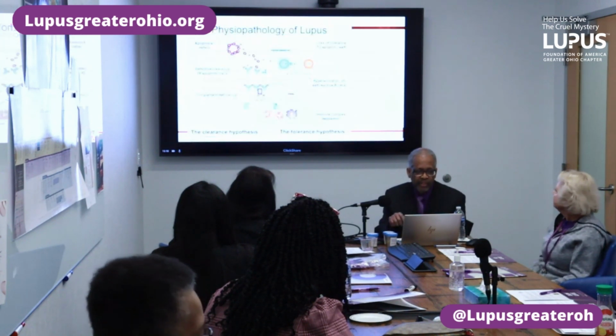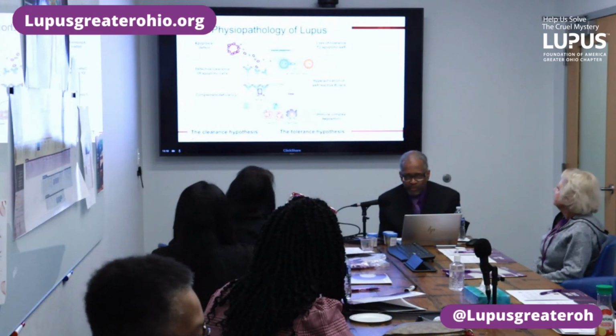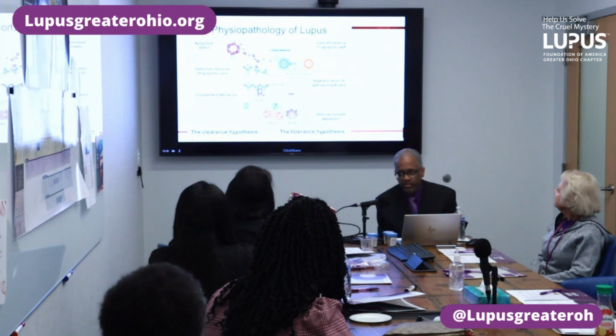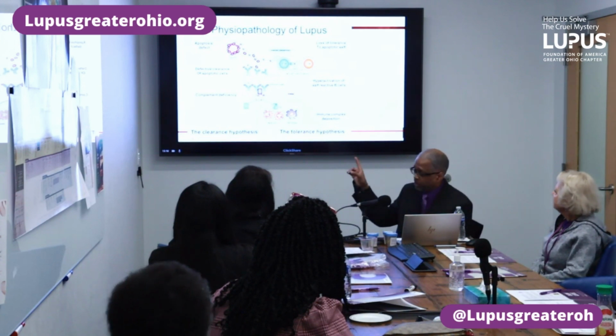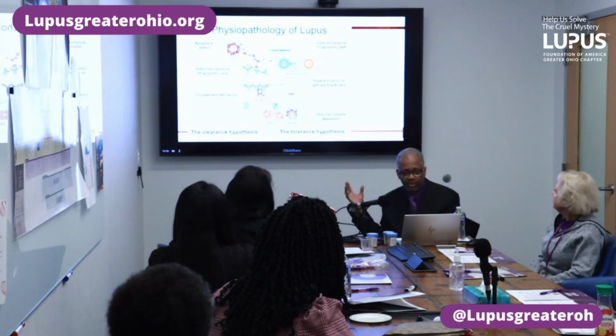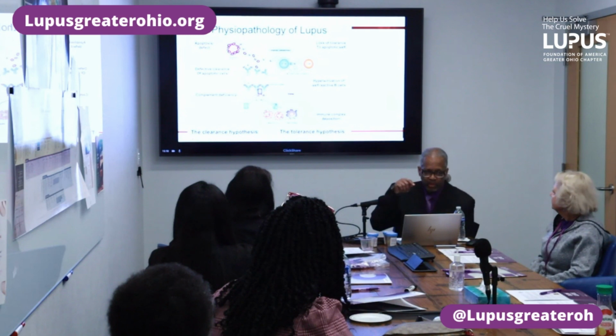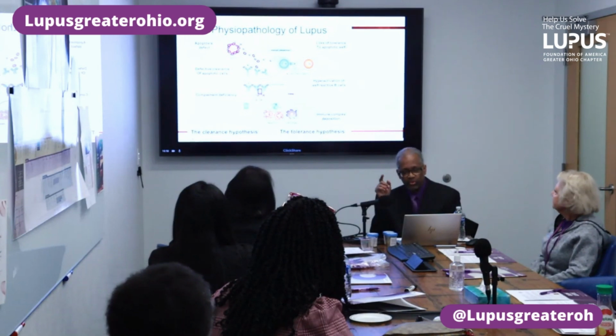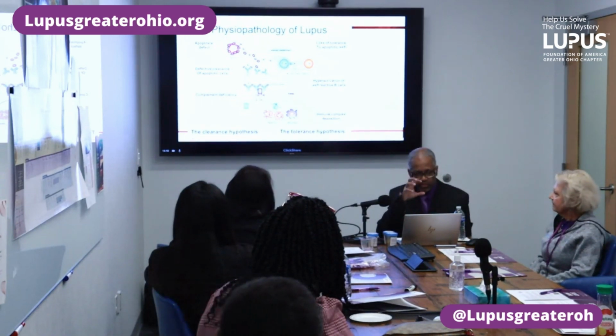I'll show you. This is that, we're talking about the pathophysiology of lupus. This is one of the slides. We're looking at the clearance hypothesis, and it's basically thinking that if you look at an apoptotic cell, basically a dying cell, it starts releasing chemicals into your bloodstream. Your other cells, your white blood cells, T cells, tend to recognize that, and the T cell stimulates your B cells to produce antibodies against those things and try to clear them out.